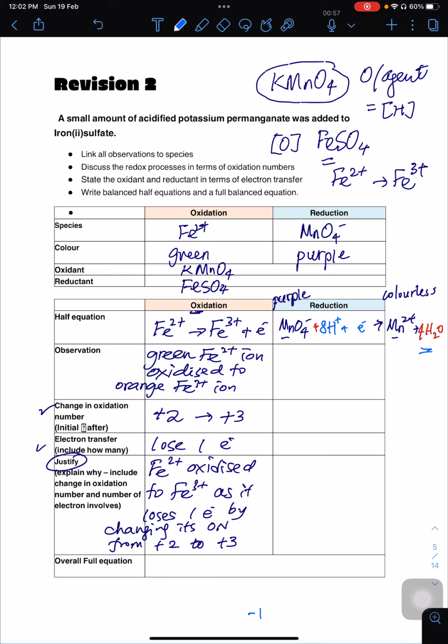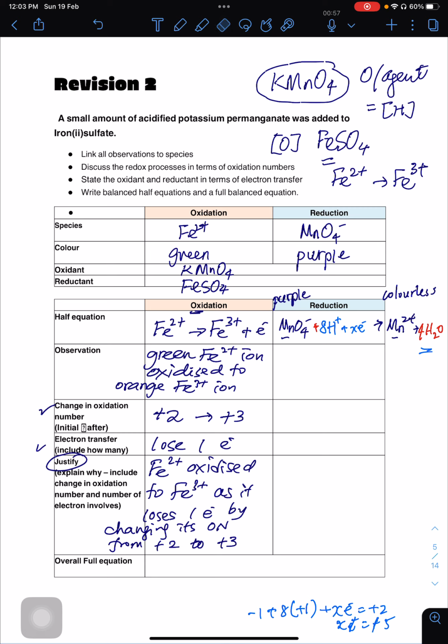Permanganate is on the left-hand side, which gives you -1, plus 8 for hydrogen 1, and X electrons. If we're not sure, this is what you put down in the very first step. Then +2 for manganese, and the water molecule is 0, so I'm not going to put down 0. When you solve your math, you will have -5. I'm going to cancel out the electron, which gives you an excess of 5.